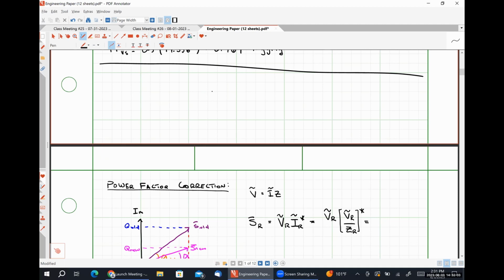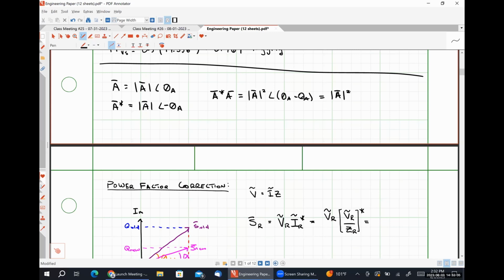So if I multiply A conjugate times A, I get the magnitude of A squared with an angle of theta A minus theta A, which is nothing more than the magnitude of complex number A squared. So a complex number multiplied by its complex conjugate gives the square of the magnitude.